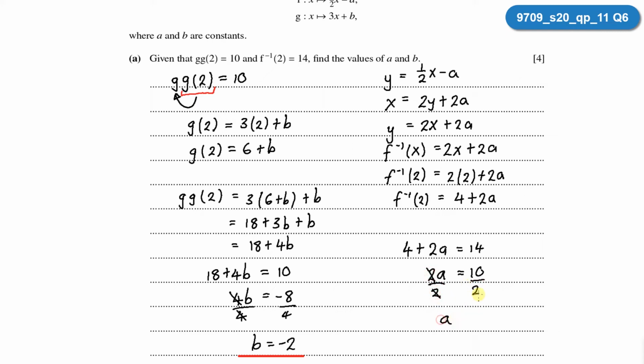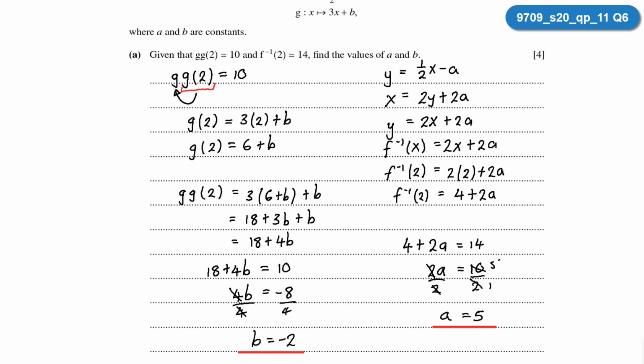So a comes out as 5. So that's the value of a. So we now have our solutions. a is 5 and b is equal to minus 2. So we're done with part a. Let's now go on to part b.